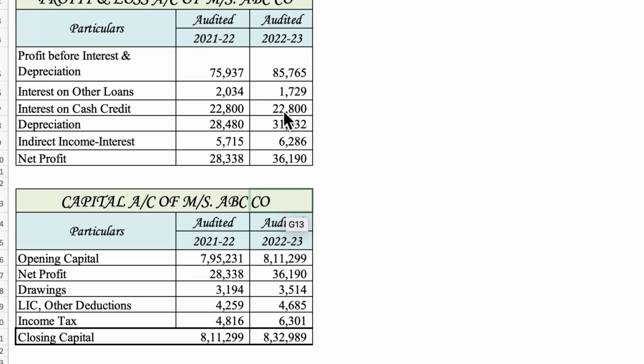Reduction in capital. So we go to capital account here. Drawings, LIC and other reduction, income tax are cash outflow for us, which is negative. So we show it as a negative here.